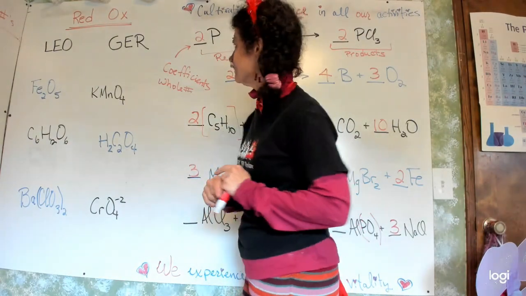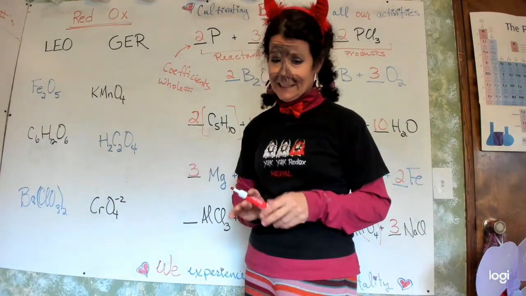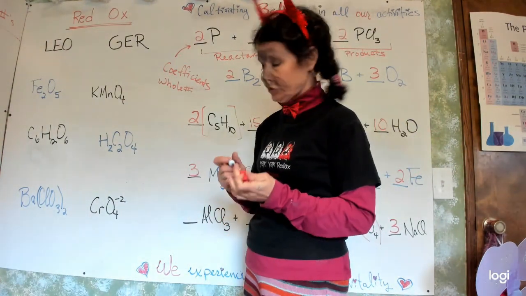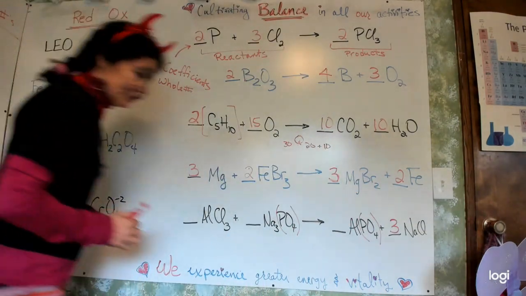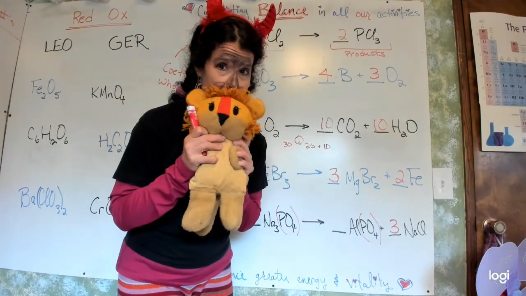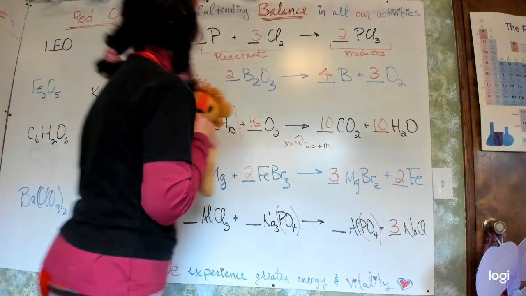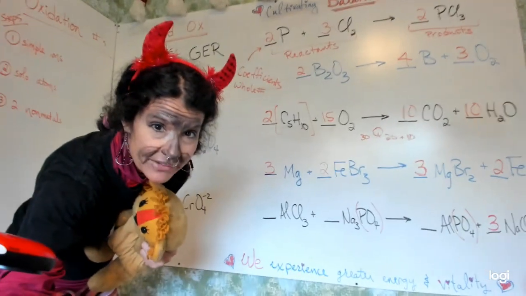They're pretty awesome. And so redox stands for oxidation reduction. And the acronym we're going to do is LEO GER. Here's Leo. Leo's here to help us. This is your big day, Leo. We're going to turn this so we can see over here better.